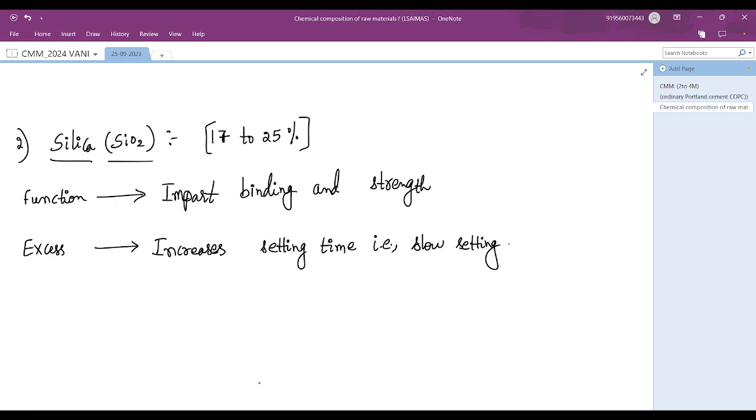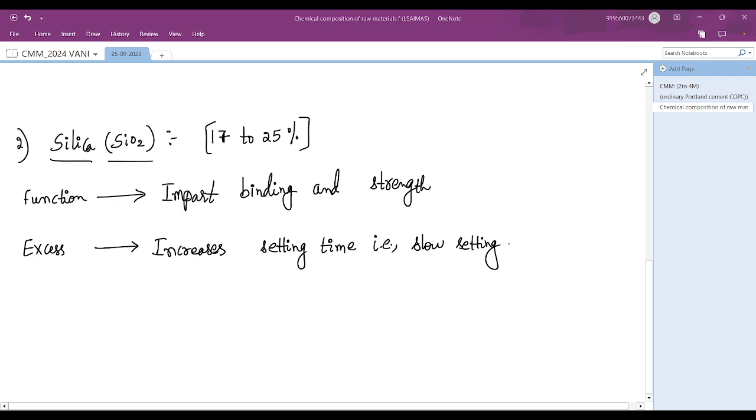Why? Because silica is obtained from clay. In geotechnical engineering, we discussed in detail the plasticity property of fine grained soil, right? Do you remember? I explained the plasticity property, which is mainly due to the presence of clay minerals like montmorillonite, illite, kaolinite, and also due to the presence of adsorbed water.